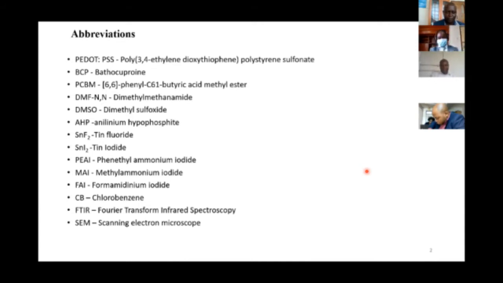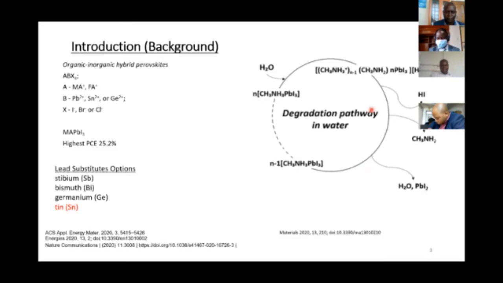Now we go to the background. I'm dealing with organic-inorganic hybrid perovskites. These perovskites have attracted much attention from researchers due to their good optoelectronic properties.